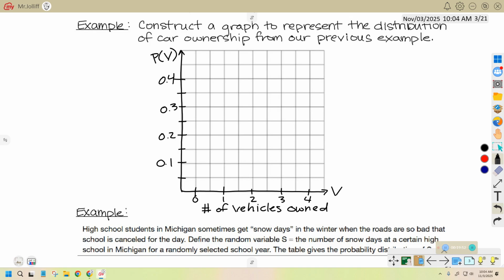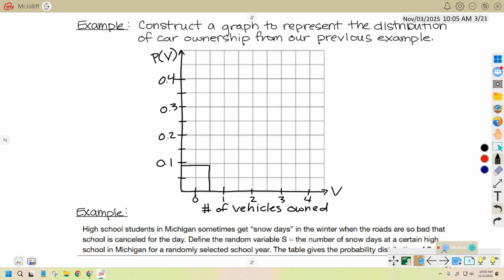And then we make some bars, and our bars are going to be centered about their label. So for no cars owned, what's the probability that a randomly selected household has no cars? 9%? 0.09? So that's going to be just a little bit less than 0.1.